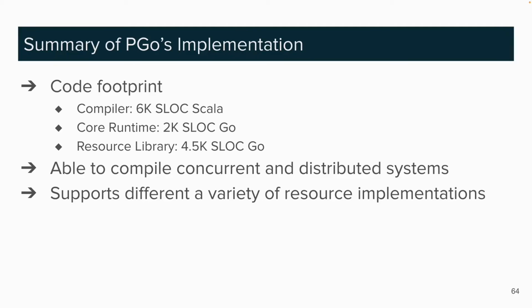We can compile concurrent and distributed systems. The concurrent part hasn't been well evaluated, but we use multi-threading in our distributed system models and implementations and so forth. And it's a reasonable thing to want to do, even in a distributed context. So that's why we say that. And we also support quite a lot of resource implementations, and it's an open API, so you can add them.